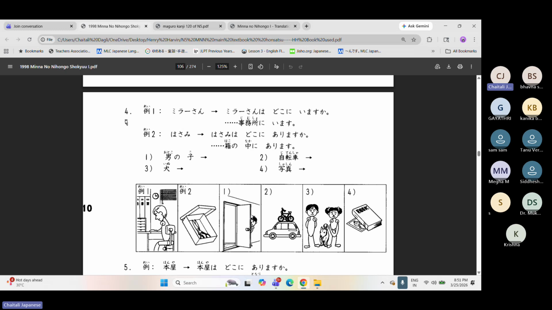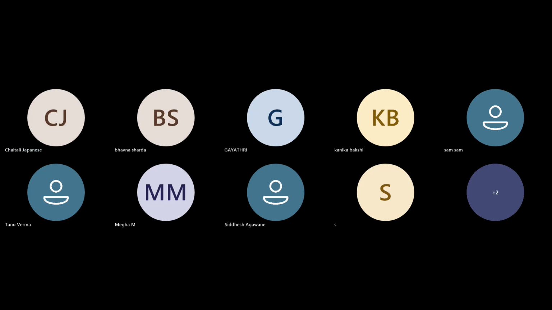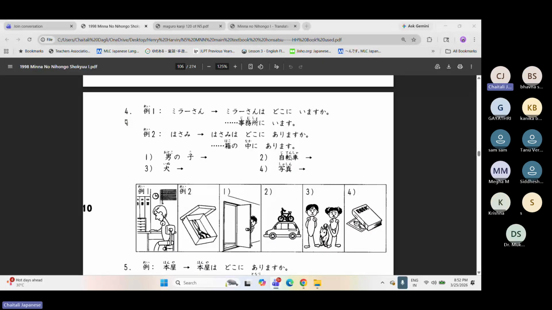Jitensha, bicycle. Where is the bicycle? So, jitensha. What will you say? Okay, I'll repeat the question again. Jitensha wa doko ni arimasu ka?